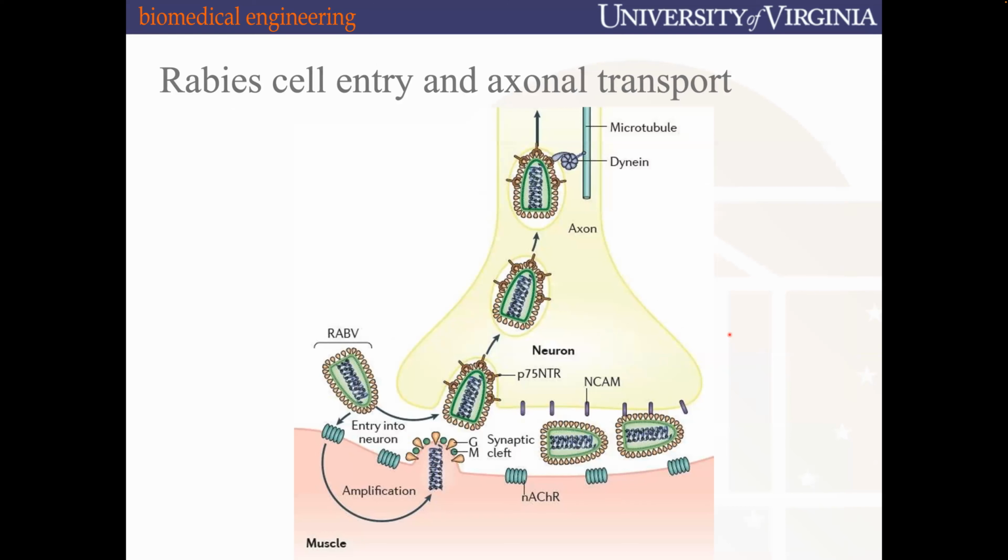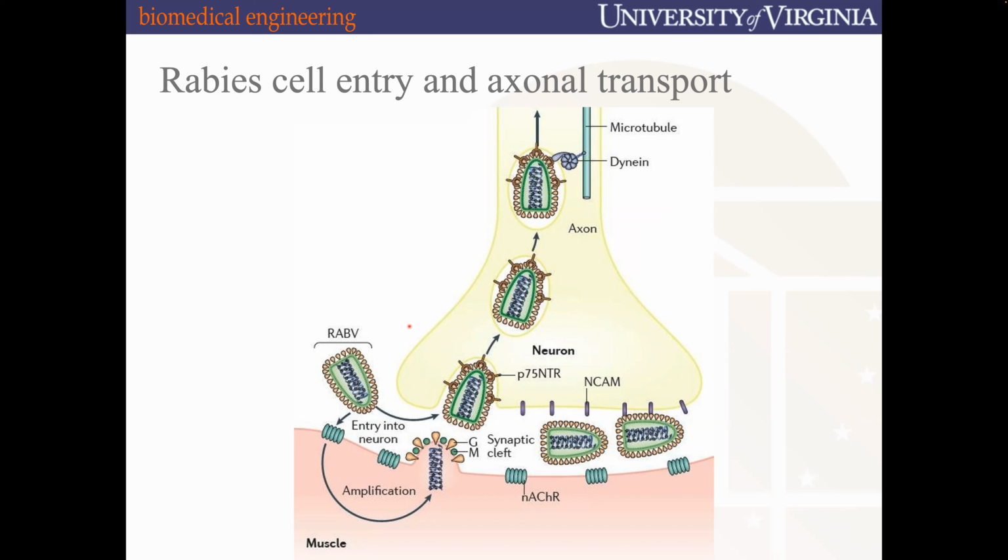So a little bit about how this happens, getting to the mechanism, the pathogenesis of rabies infection. So you encounter some rabid animal that bites you, and this is usually going to be occurring in your muscle of some sort. So the rabies virus, RABV is how it's shorthanded, will infect that muscle, and when it's in the muscle is where that incubation period happens.